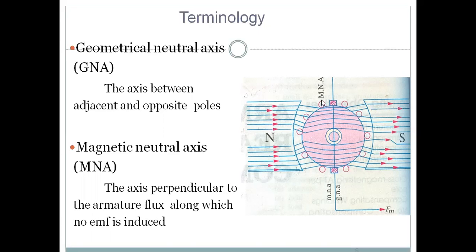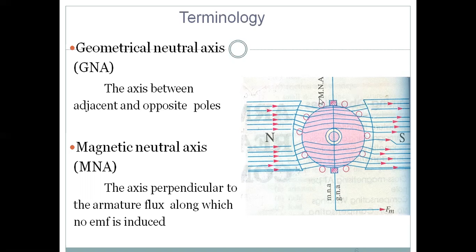When a conductor rotating clockwise crosses the MNA axis and enters another pole, the current direction changes. Suppose it has plus 2 amperes, then it comes to plus 1 ampere, then 0 ampere, then minus 1 ampere and minus 2 amperes of current.